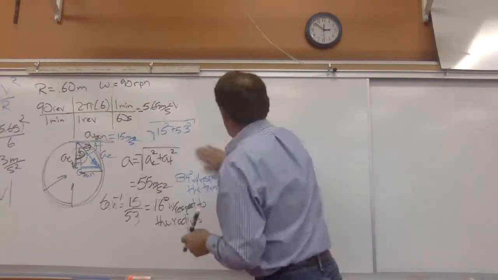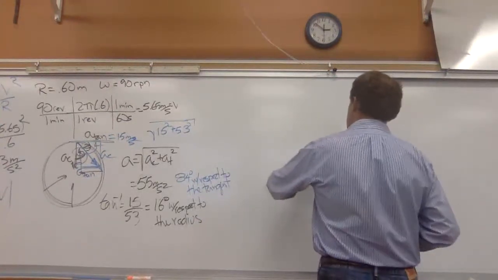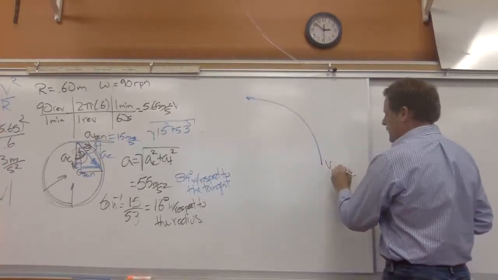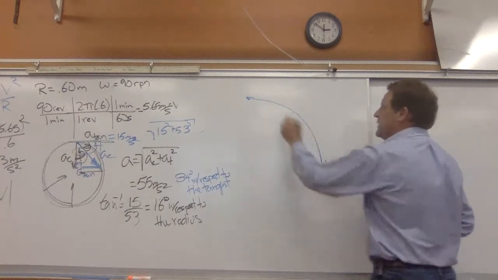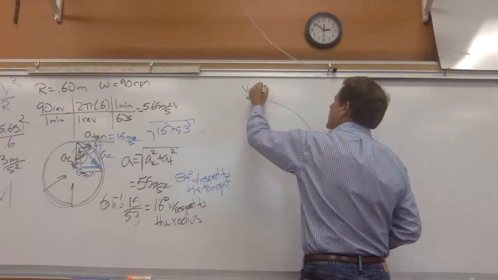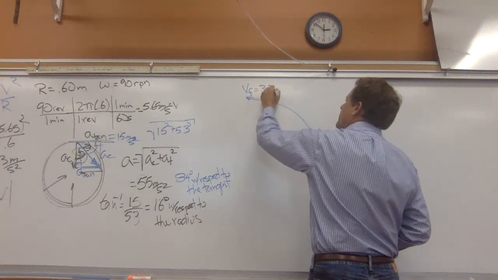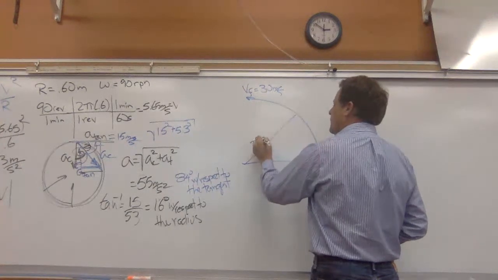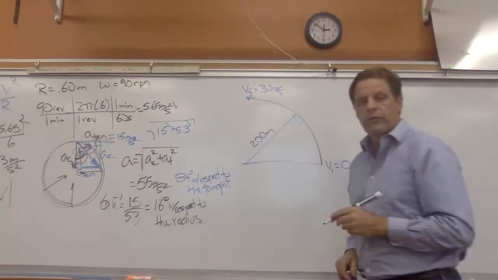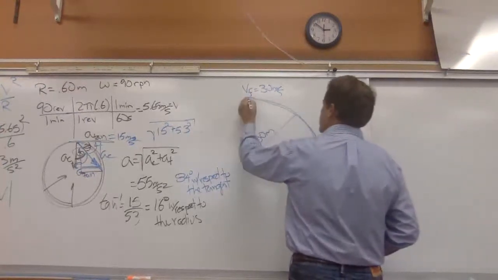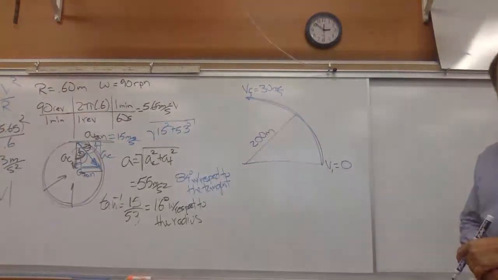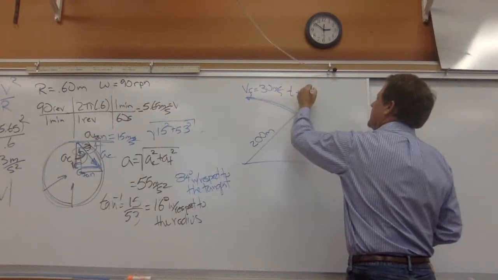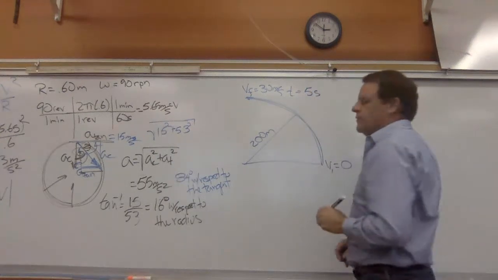Okay, so what happens if we have a race car and its initial velocity is equal to 0 and its final velocity, let's say, is equal to 30 meters per second, and we have a radius of 200 meters, and this race car is going to travel that distance in, let's say, 5 seconds.